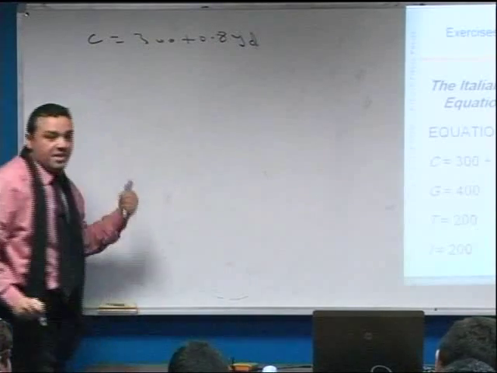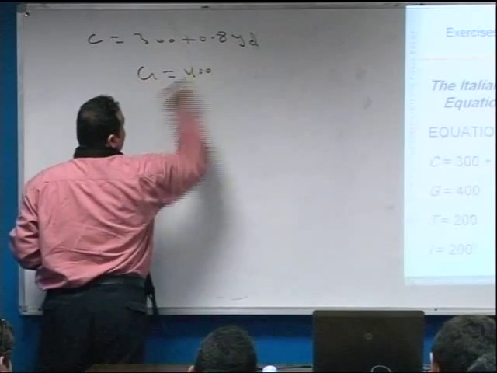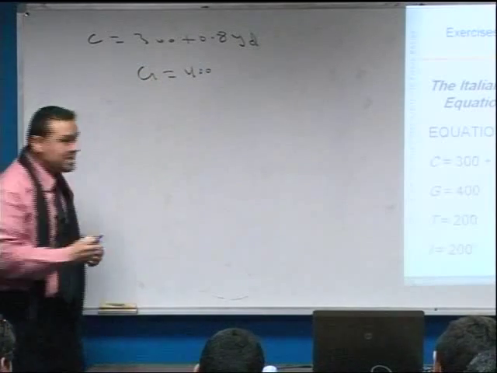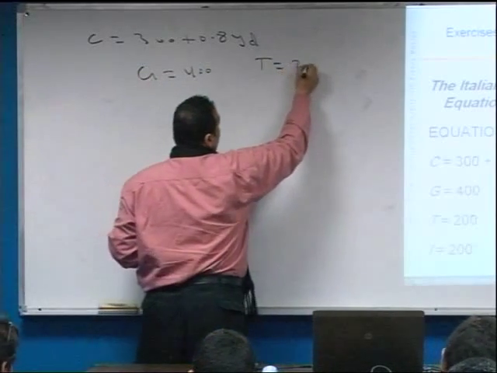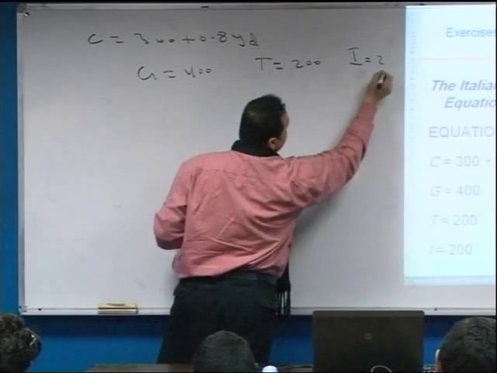The government spending G equals $400 billion, taxes T equal $200 billion.